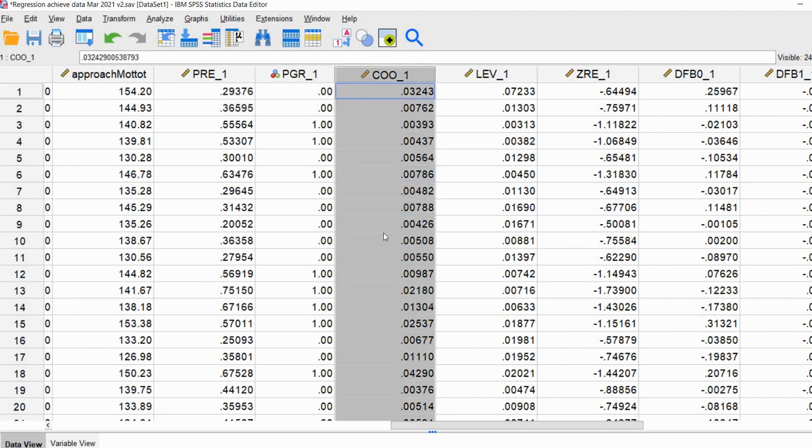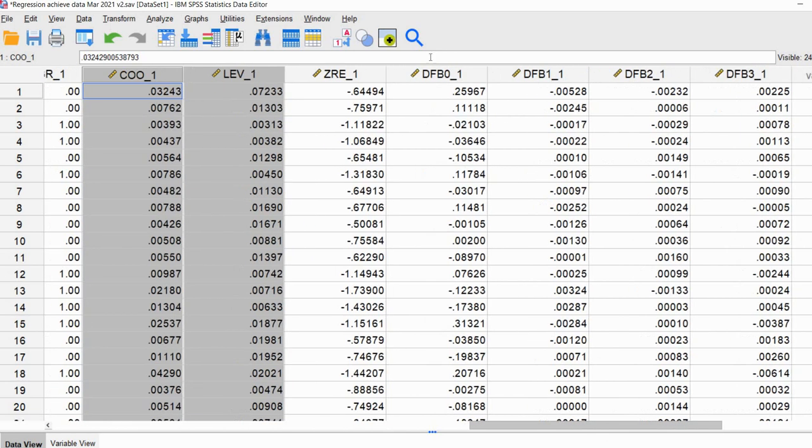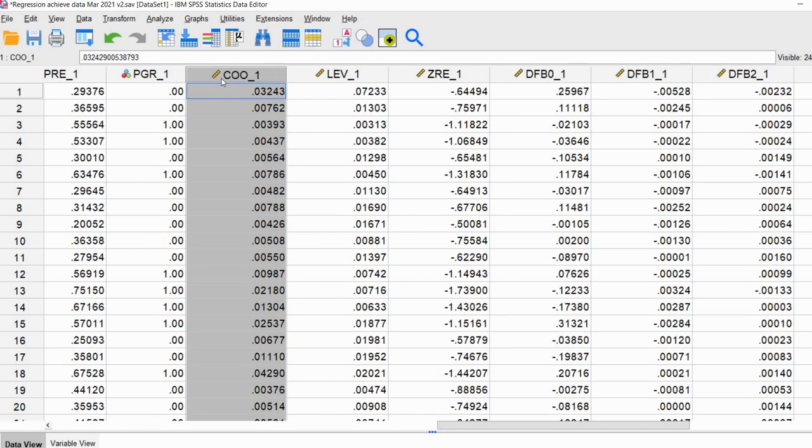You can see right here we have our Cook's D that we had requested. Basically, these two variables that were created, as well as these right here, are the influence statistics that we had requested. Cook's D is basically an indicator of the degree to which a case may be exerting greater influence over the regression results.